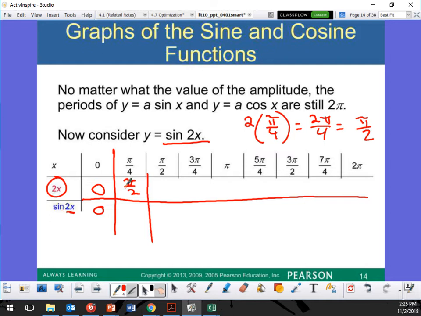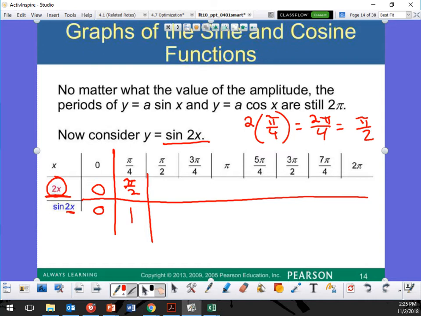Sine of this one right here is going to be 1. Does that make sense? I'm calling it 2x because in the line above I figured out what 2x was first. So we know what x is, we figure out what 2x is, and then take the sine of the 2x. So the next one?